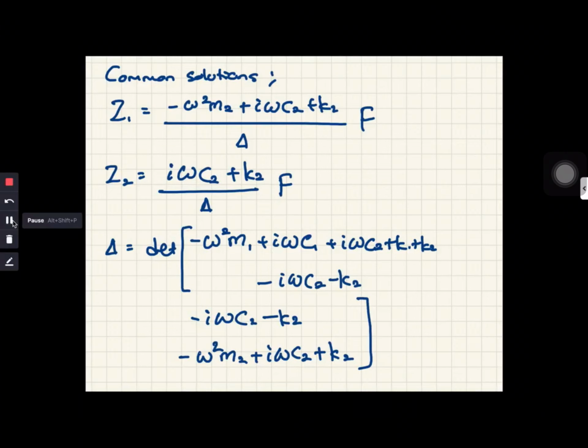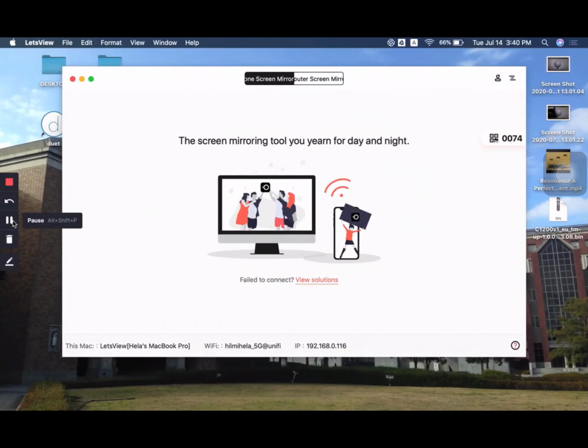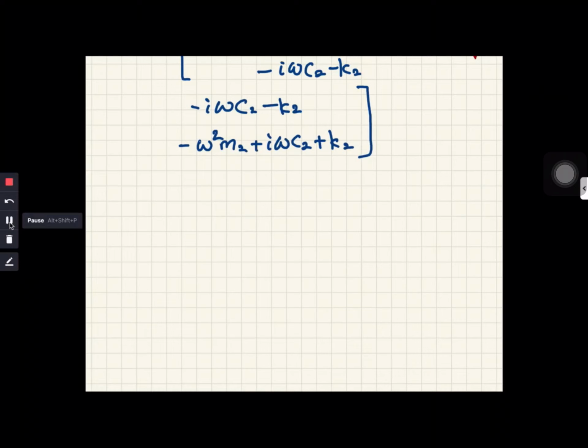Okay, I just put a note here so that you won't be confused. What happens now? Since Z1 and Z2 are complex numbers, we can represent Z1, so we assume that since Z1 is defined in terms of complex numbers, it should have a real and a complex component.